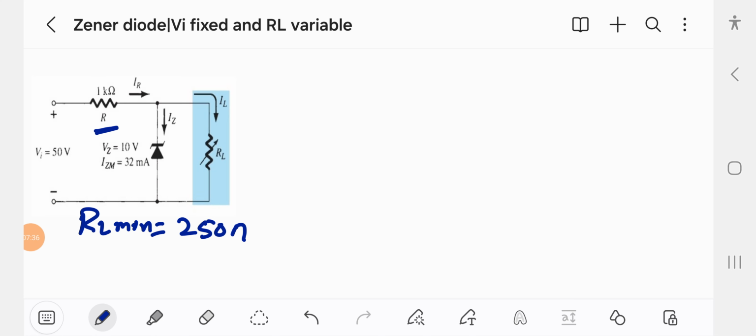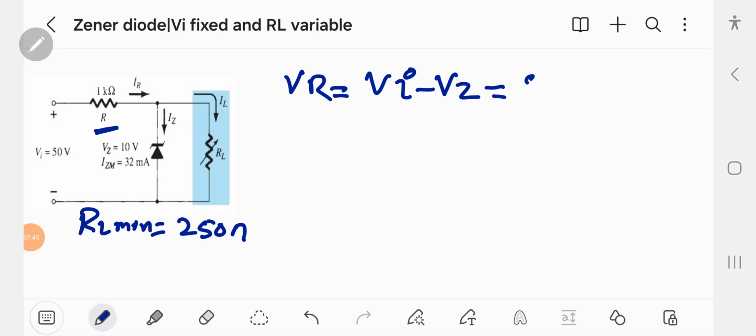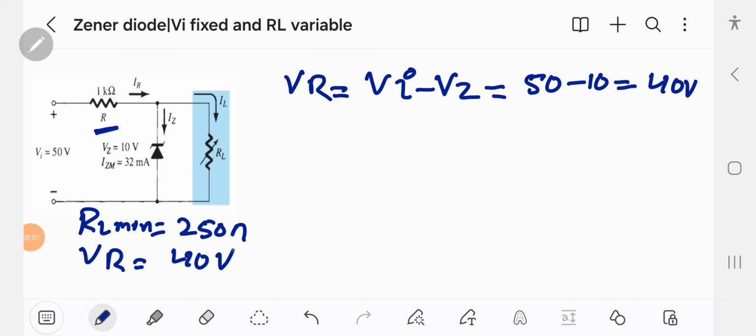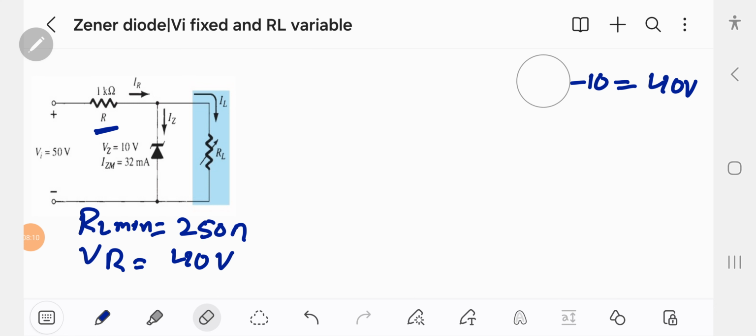Now let's try to find VR. So VR here in this case is actually equal to VI minus VZ. So VZ here, which is zener voltage, is actually equal to 10 volt. So VR is equal to 40 volt. So the second term we found is VR equal to 40 volt.